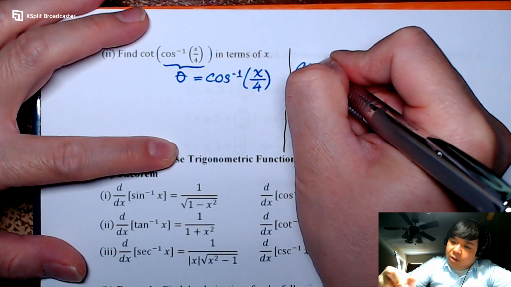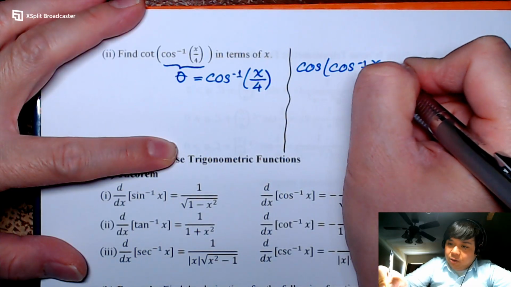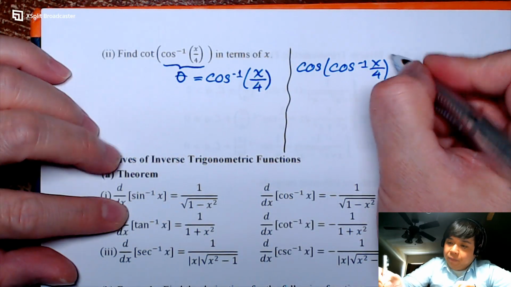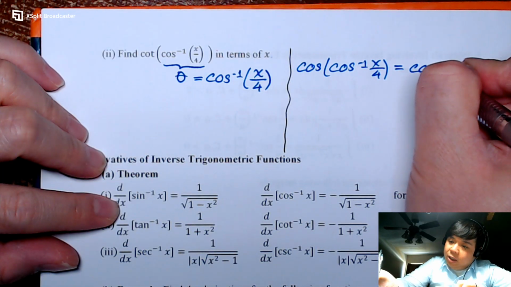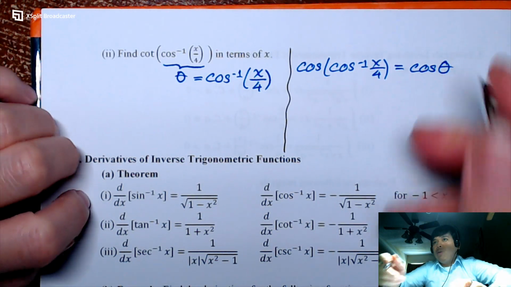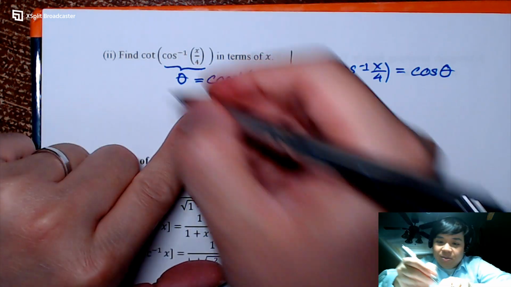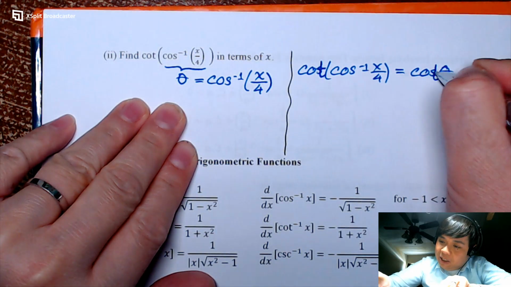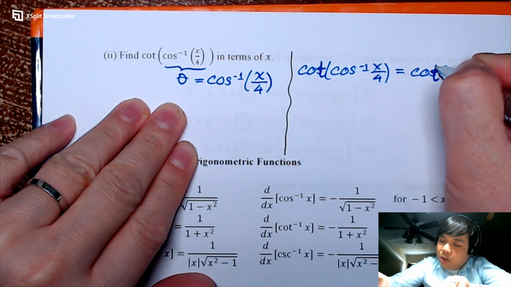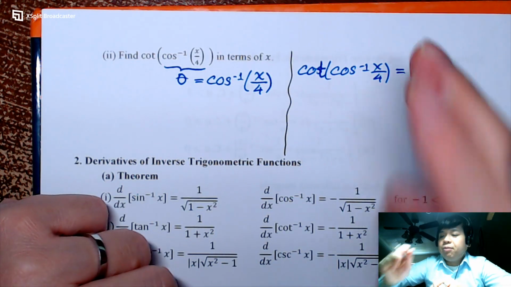Cotangent, right? Sorry, cotangent is adjacent over opposite. Okay, so with that.